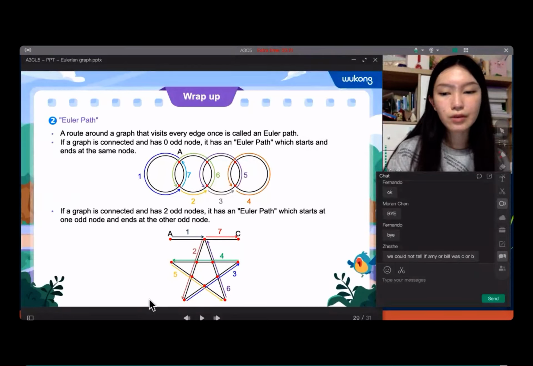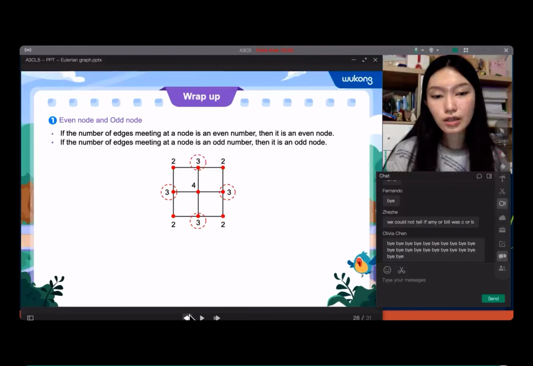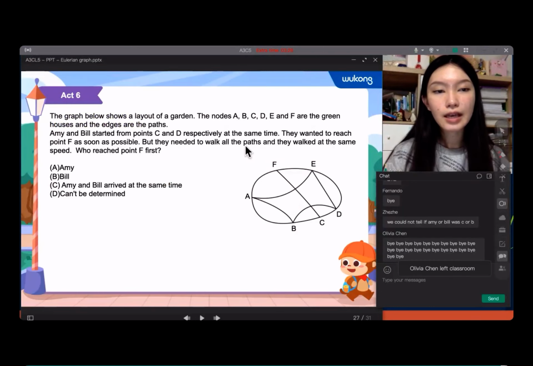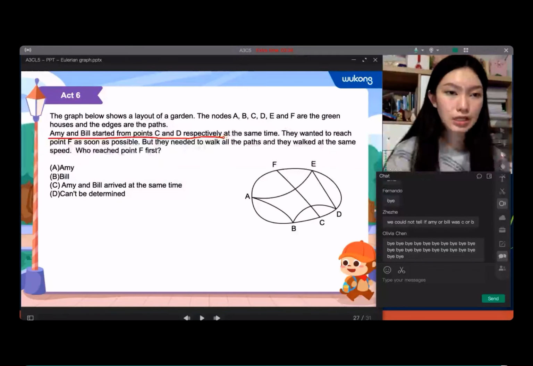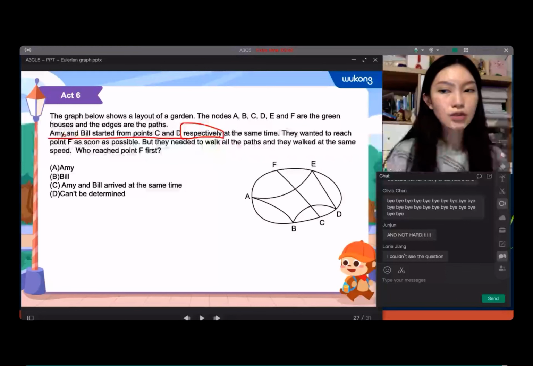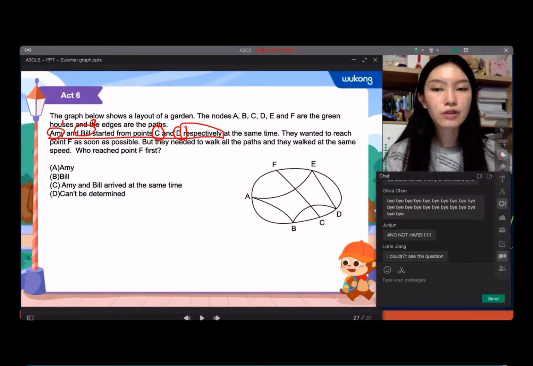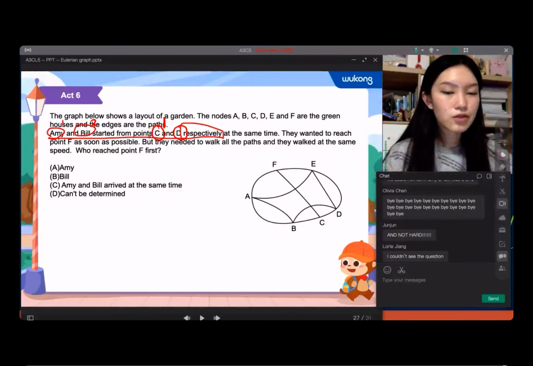We could not tell if Amy or Bill were C or D. So how do we know that? It's actually in the question here, okay? So you see Amy and Bill, I'm going to mark it out. Amy and Bill start from point C and D respectively. What the word respectively means is that C and D, Amy and Bill, are corresponding in order. So you see Amy is first out of Amy and Bill, and Bill is mentioned second. That means they will correspond to the order of C and D, which means C, the first one that's mentioned, will be Amy's point.